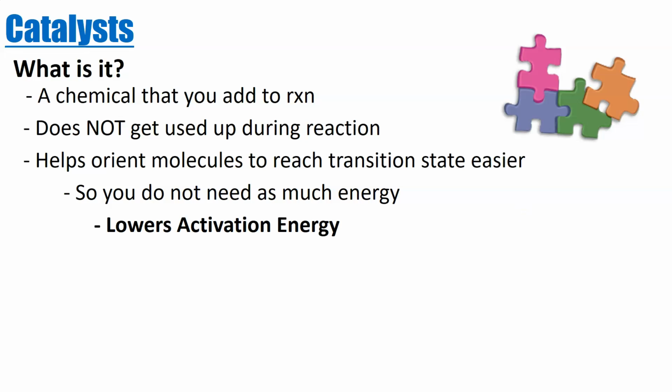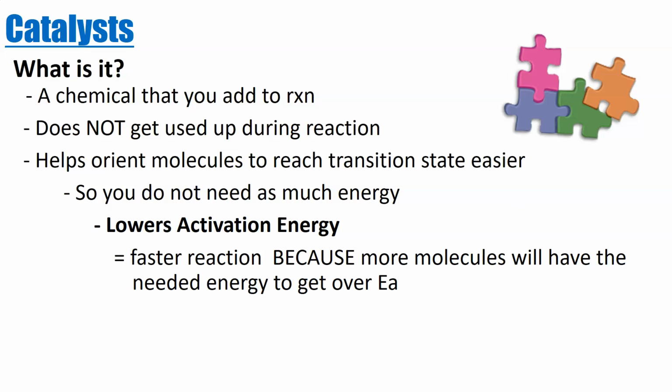It's doing some of the work for you. So if you lower that activation energy, you don't need as much energy, you're going to end up with a faster reaction because those molecules are going to be able to get over that peak easier because the peak has been lowered. EA is activation energy, right?